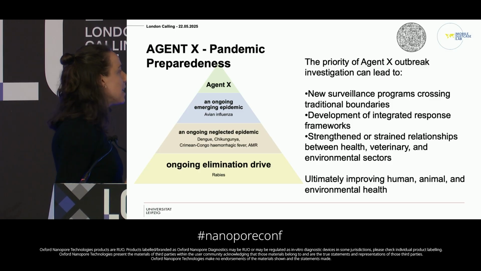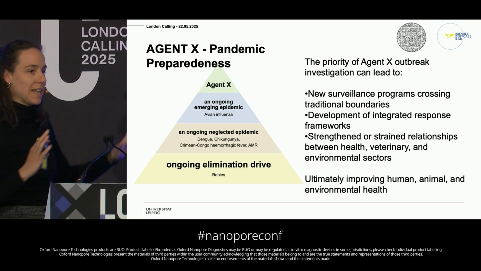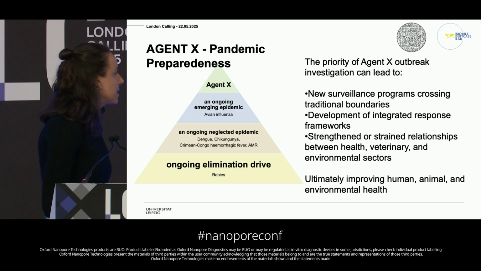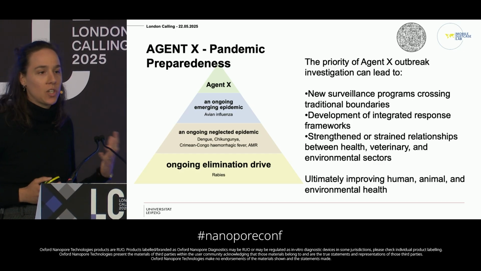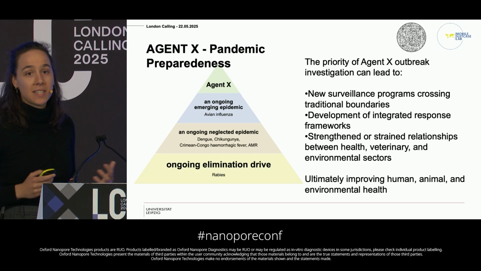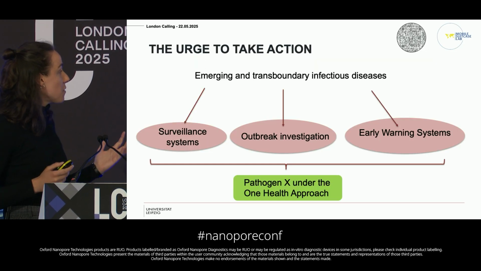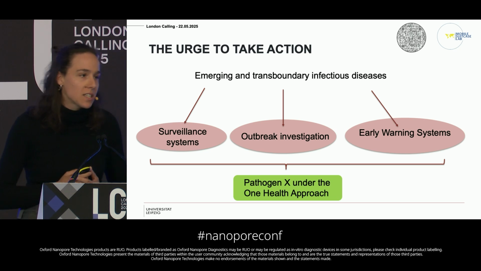So ideally, you want to develop a framework that allows you to address all of these layers in an integrated way. And also taking One Health into context, so being able to test human, animal, and environmental samples to bring it all together. Now, there is, of course, different approaches to infectious disease surveillance.